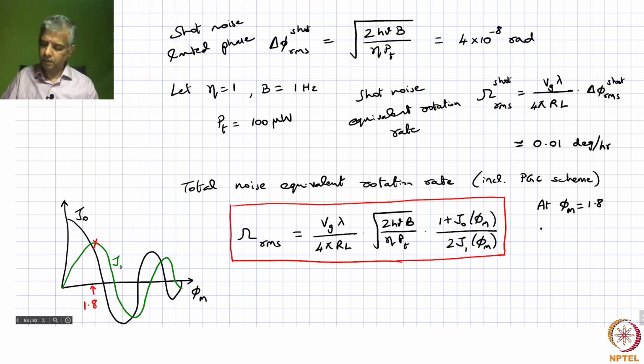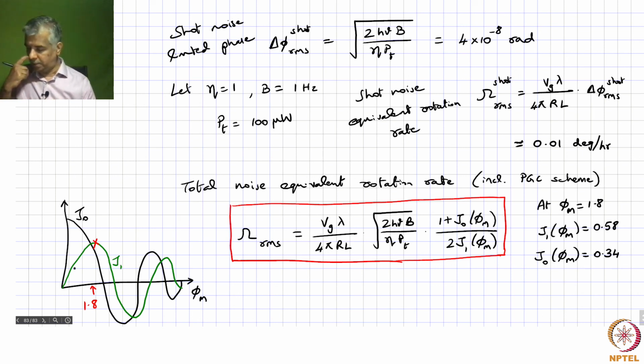And that value, J1 of phi m at 1.8, is given by 0.58, and J naught of phi m would correspond to a value of 0.34. So, that is a slightly smaller value over here, right.